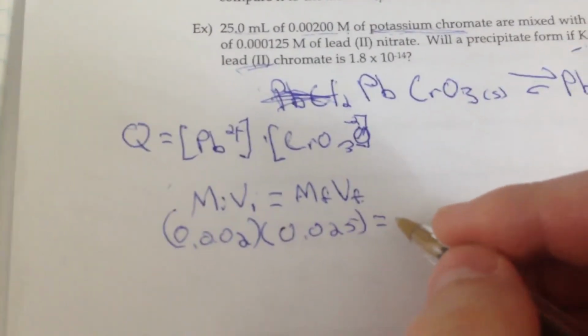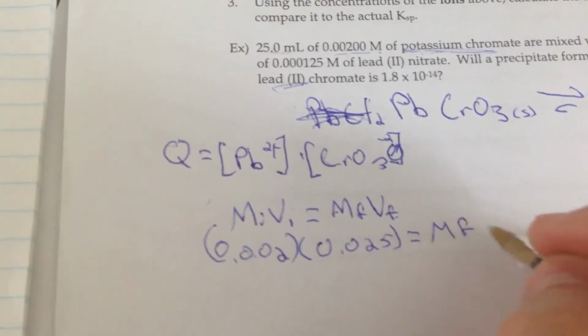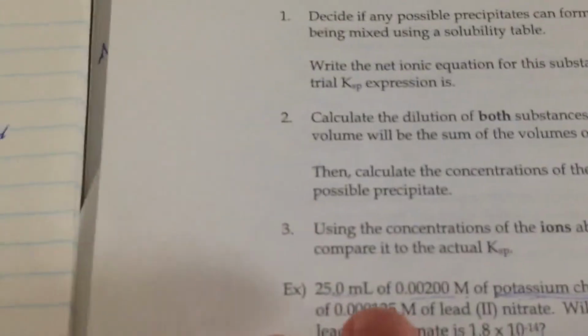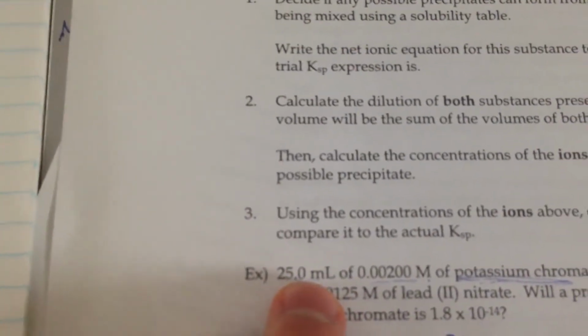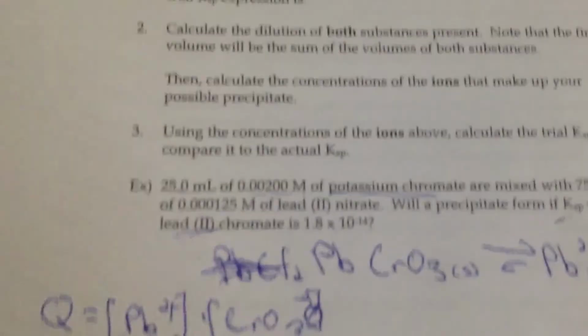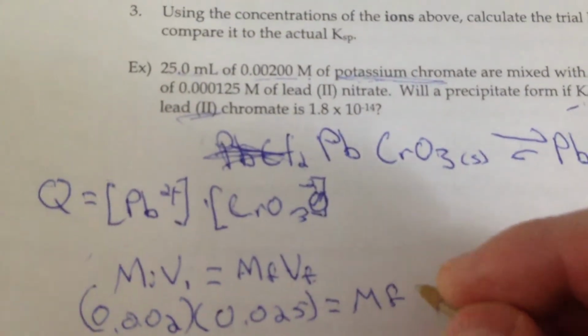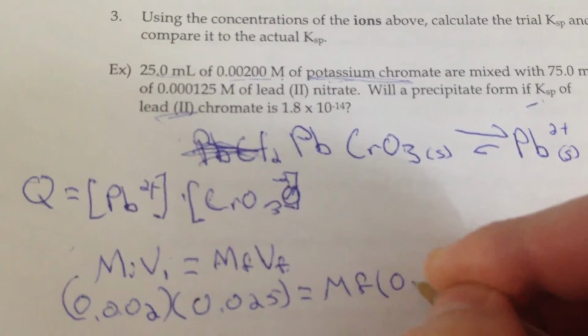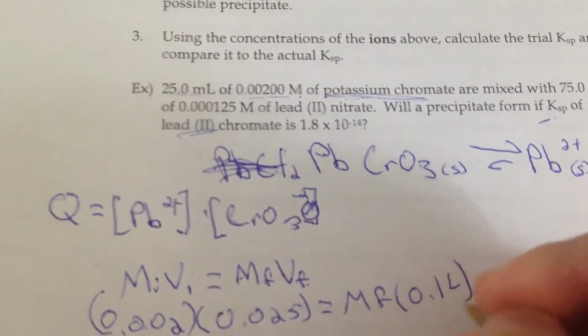Now the molarity at the end we don't know. The volume at the end, this is dilution. We started with 25 milliliters and poured it in with 75 milliliters. 25 plus 75 is 100 milliliters, which is 0.1 liters.